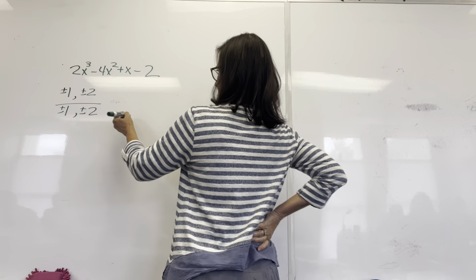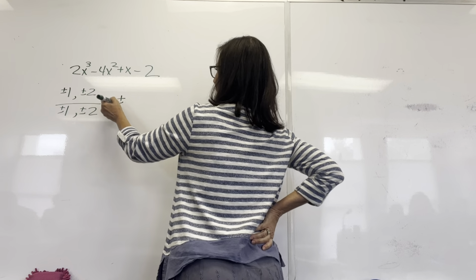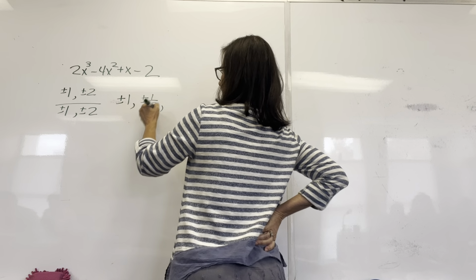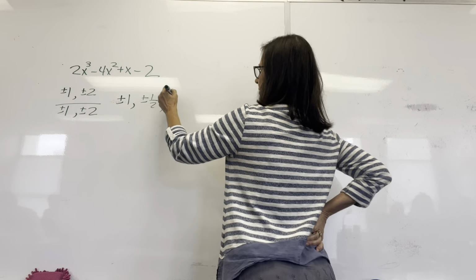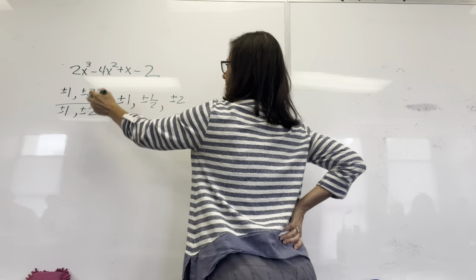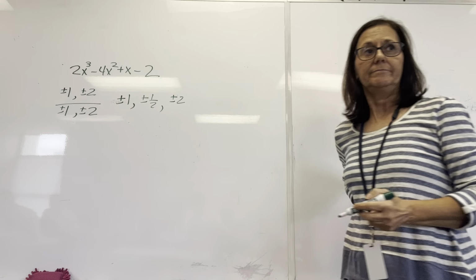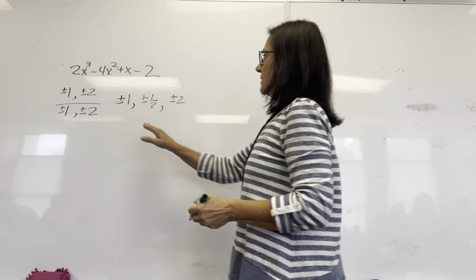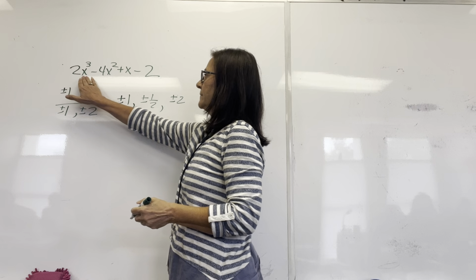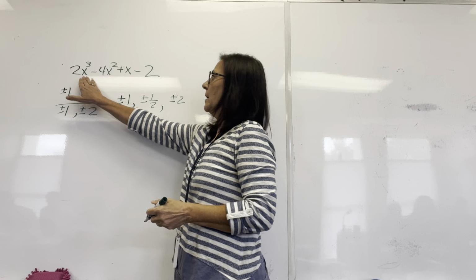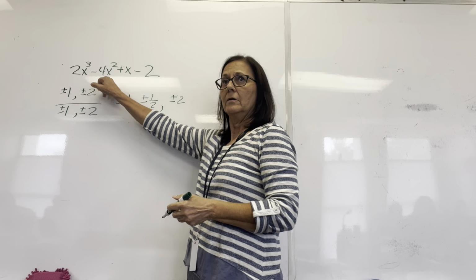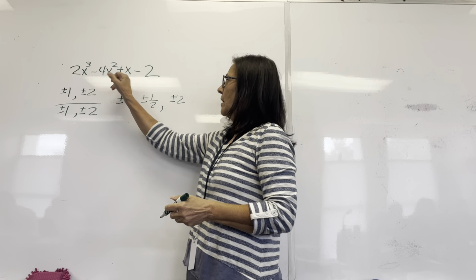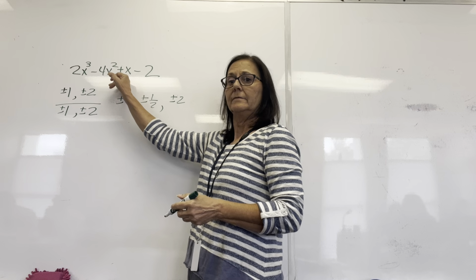All right. 1 over 1 is 1. 1 over 2 is a half. 2 over 1 is 2. 2 over 2 is 1. We already have it. All right, so let's do positive 1. That's 2 minus 4 minus 2 plus 1.